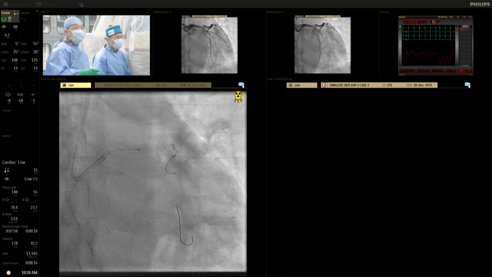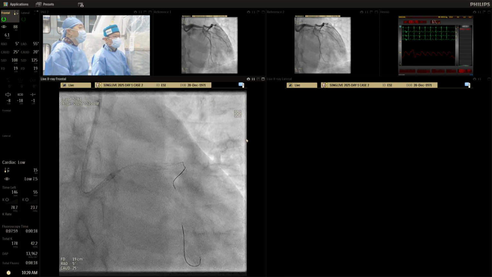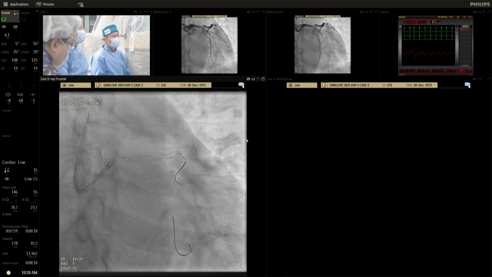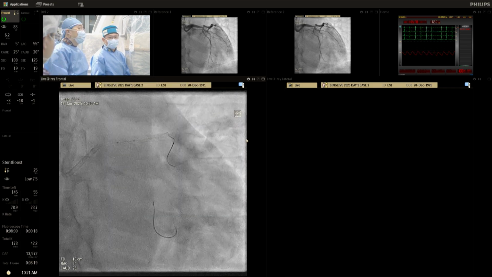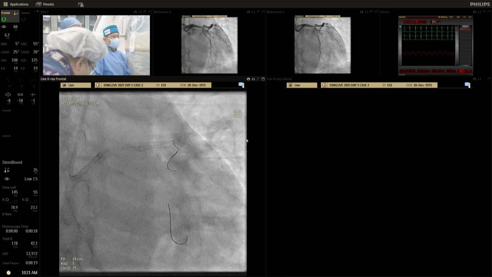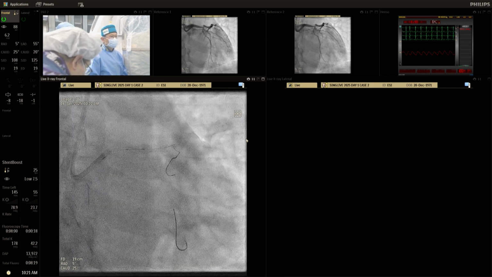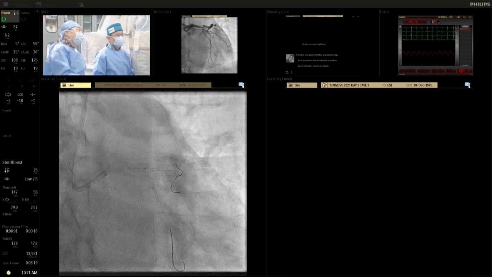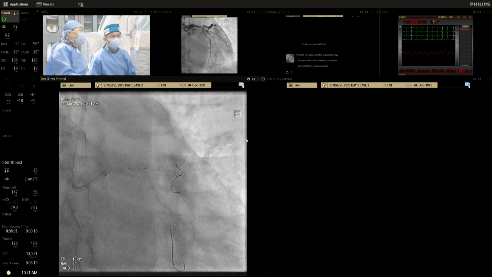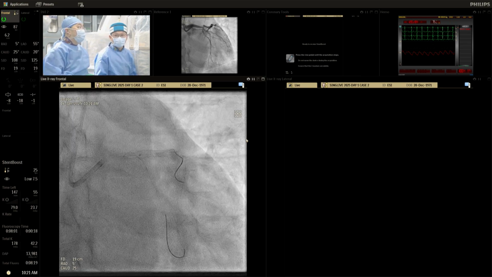StentBoost. Can we do StentBoost? Is it ready? Can you collimate?